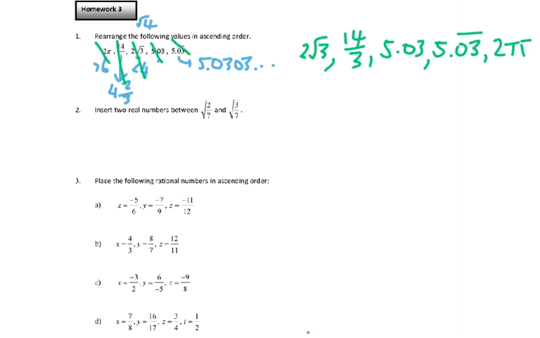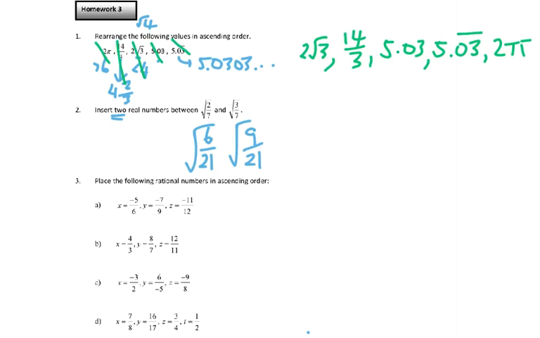For question 2, we're going to use the idea of creating equivalent fractions underneath the square root. So we want to insert 2 real numbers, so we're going to have to multiply by at least 3 in the numerator and denominator. So multiplying by 1, but of course 3/3. This is the same fraction here, and if we multiply the second fraction by 3, we'd have 9/21.